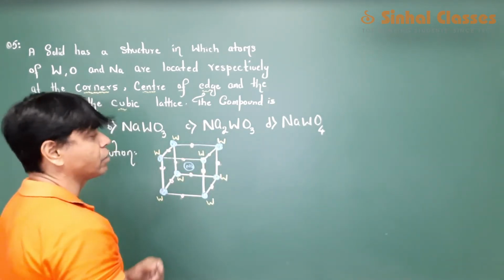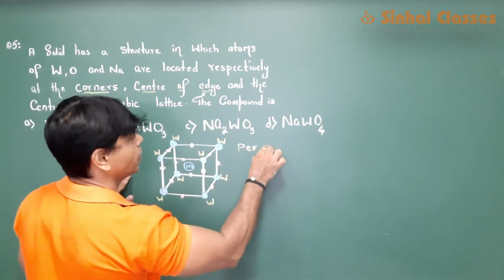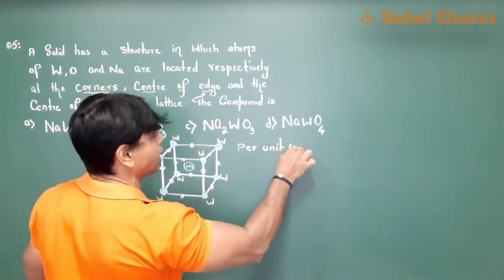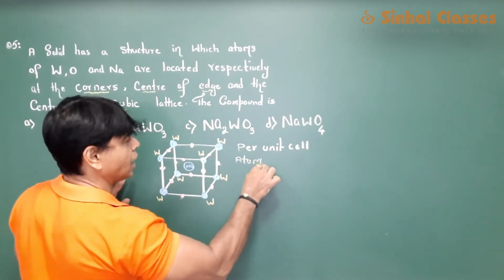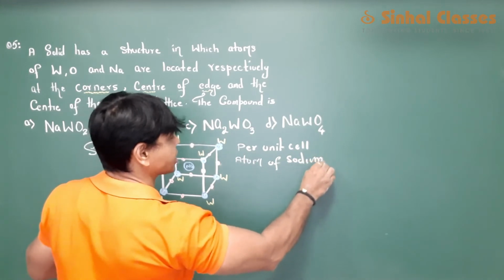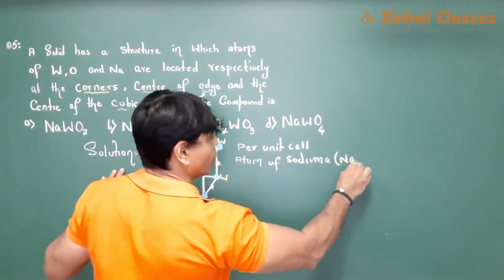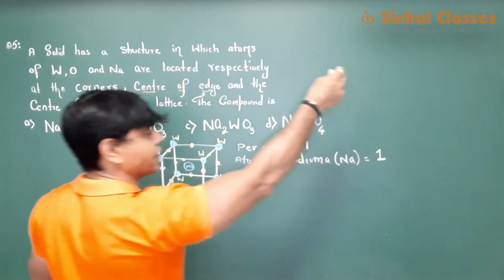So now let's calculate it. So per unit cell, atom of sodium, that is Na, will be 1 since it is present in the center.